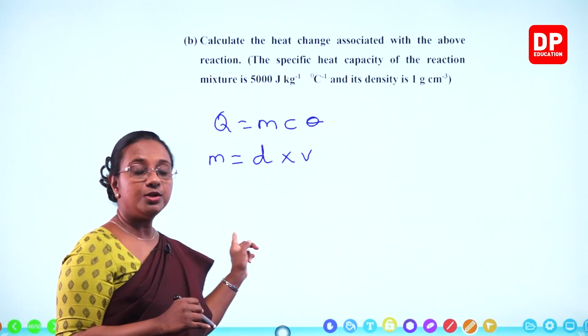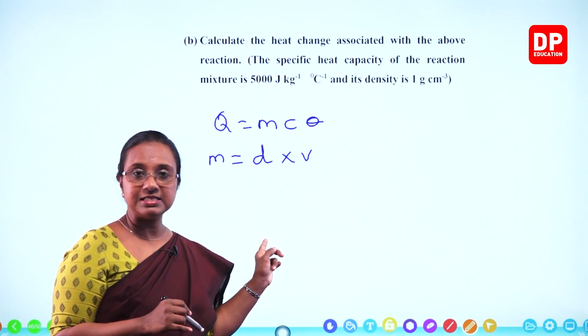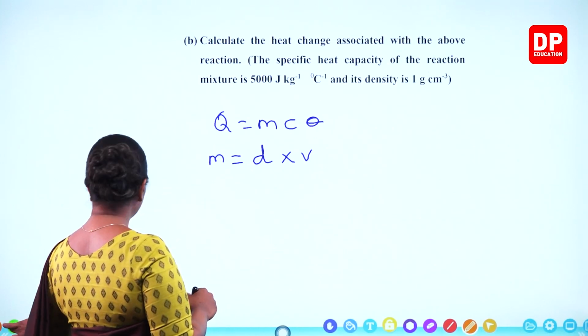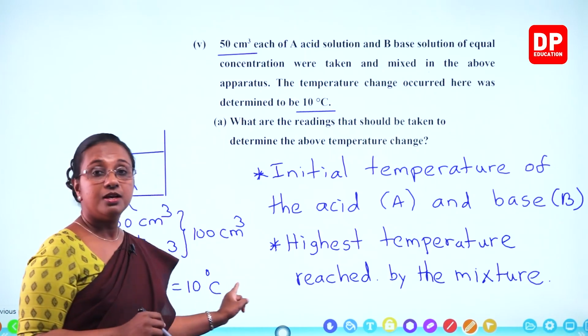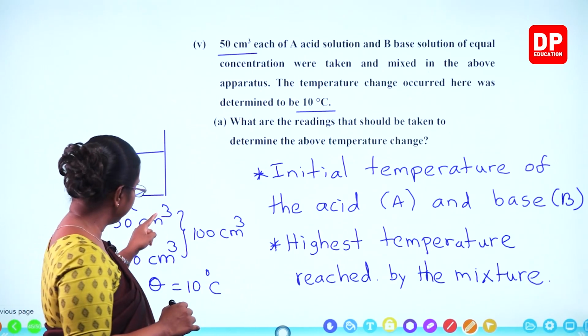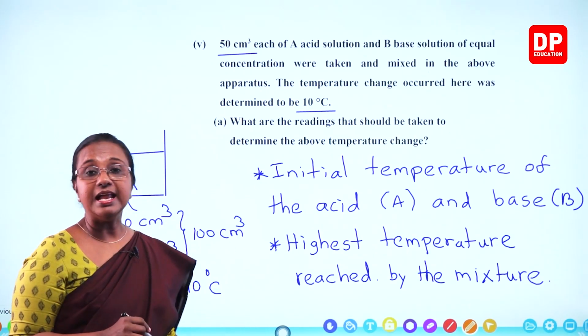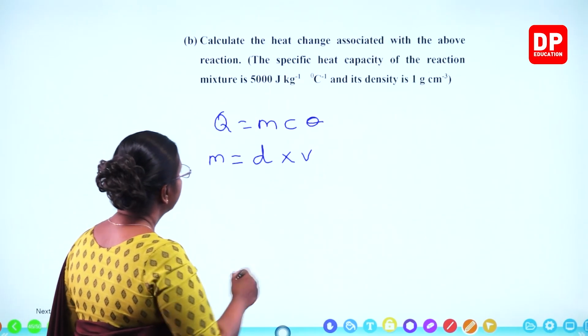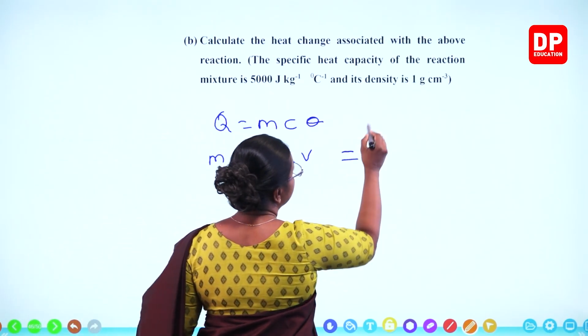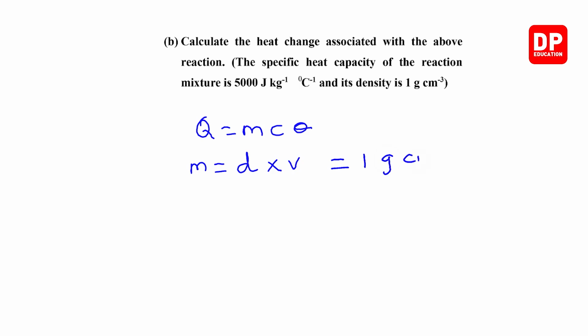So what is the volume? We calculated it as 100 centimeter cube. Here I told you all, when you add two solutions, acid and base, 50 centimeter cube each, we get 100 centimeter cube. So here density is 1 gram per centimeter cube. The volume is 100 centimeter cubes. So the mass is 100 grams.